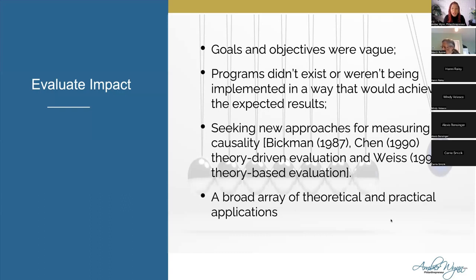And then Weiss came in, tightened it up, and now you've got this theory-based evaluation. But at the end of the day, the logic model is really just a broad array of theoretical and practical applications with the goal of being able to say to a funder, here's what we're putting in, here's what you should expect to get out.